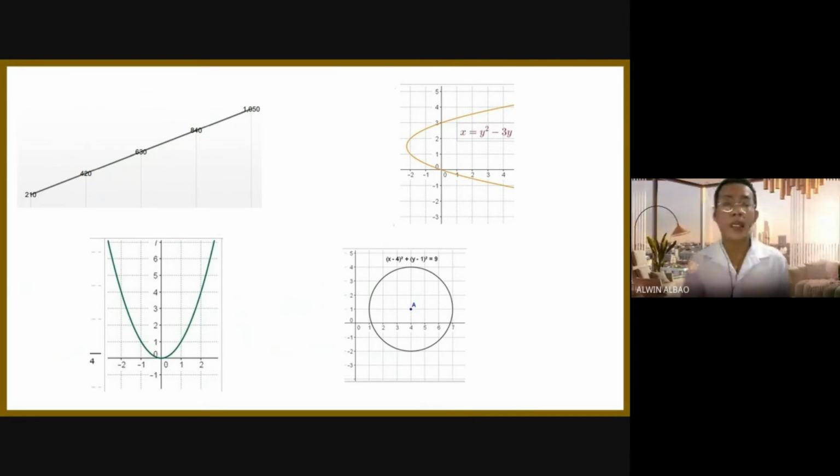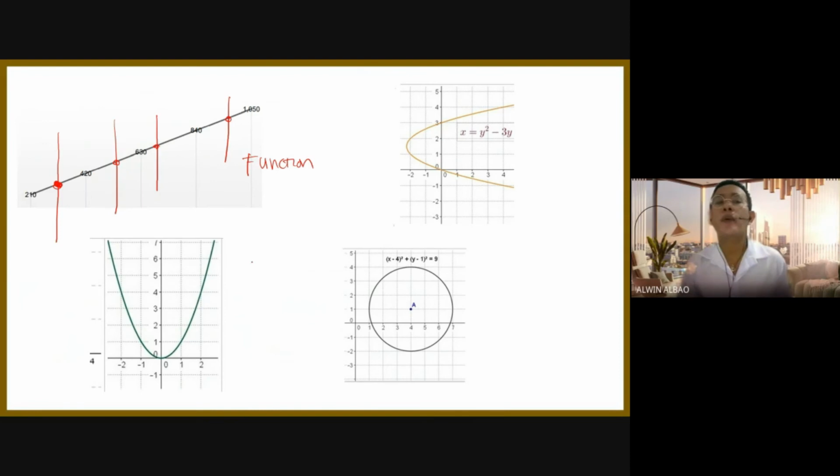Kasi kapag nagkaroon ng 2 or more intersections, therefore, hindi na siya considered na function. So, let's try, para mas maintindihan natin. So, pag nag-drawing ako ng straight line dito, mapapansin natin, isa lang yung intersection natin. So, kahit saan tayo mag-draw dito ng vertical line, isa lang yung magiging intersection natin. So, therefore, this graph is a function.